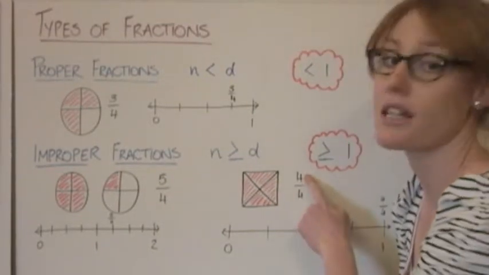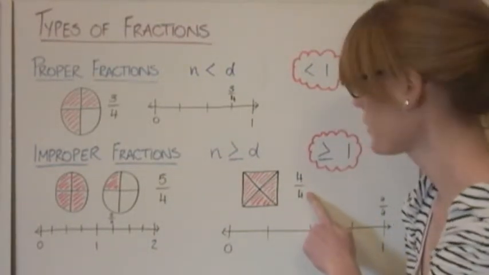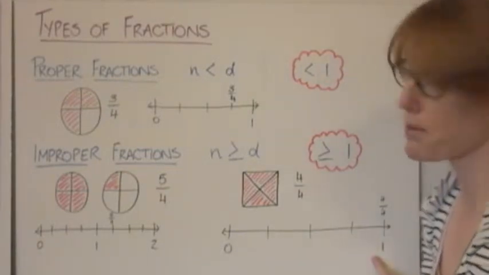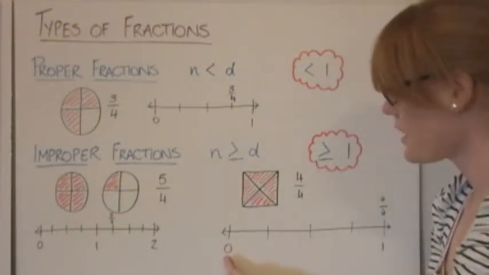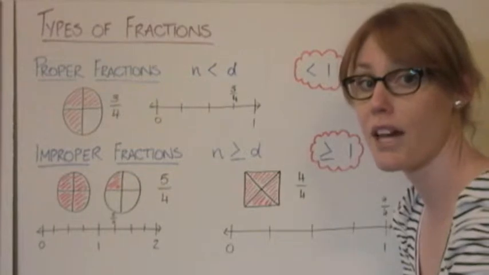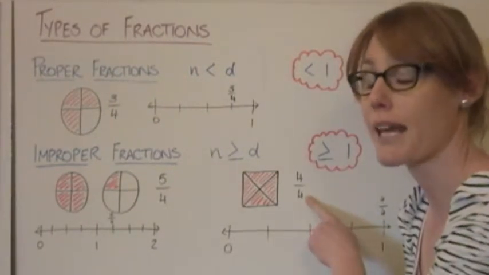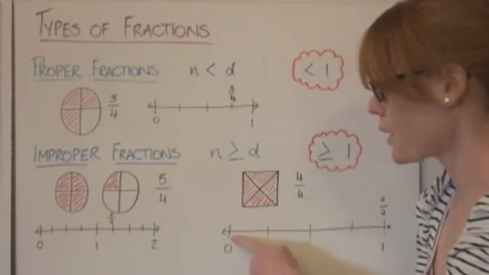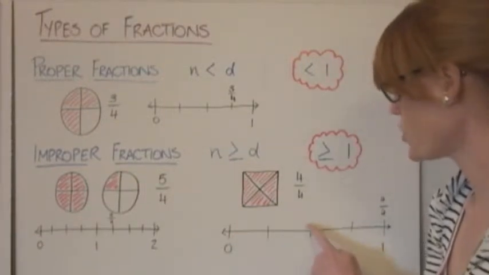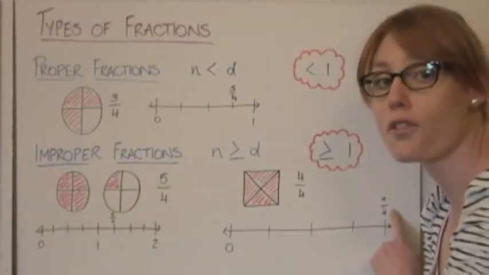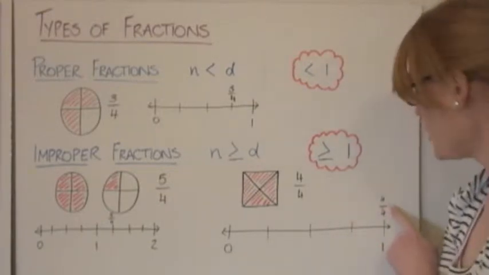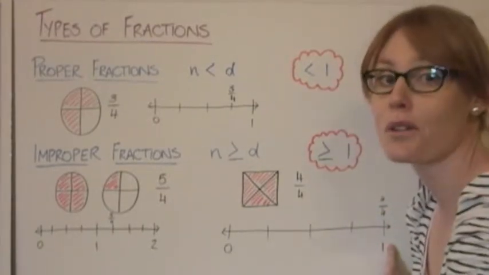So our fraction is 4/4. On a number line representation of it, we can see that between 0 and 1, we have divided it into 4 equal pieces, as indicated by our denominator. As we go along the number line, 1, 2, 3, 4/4 the way along the number line, you can see that it is equal to 1.